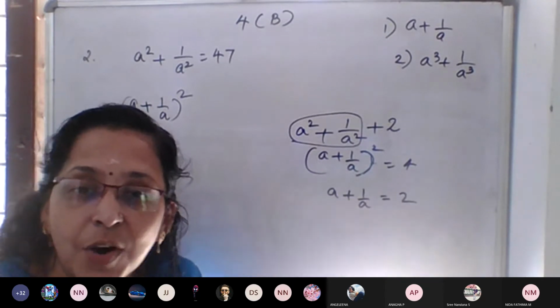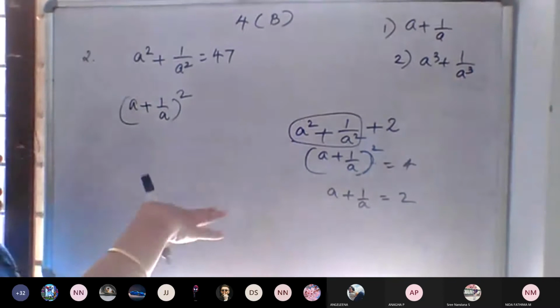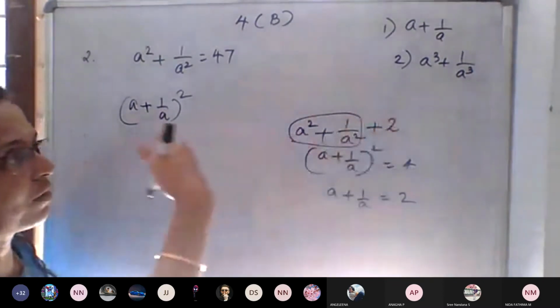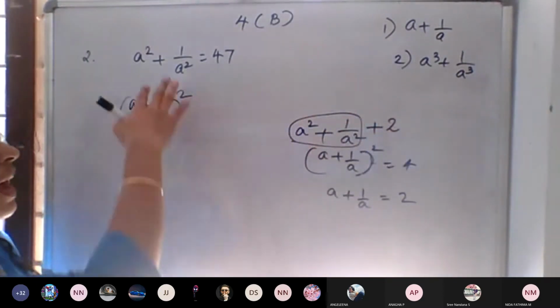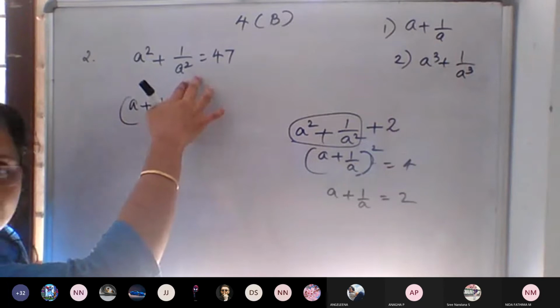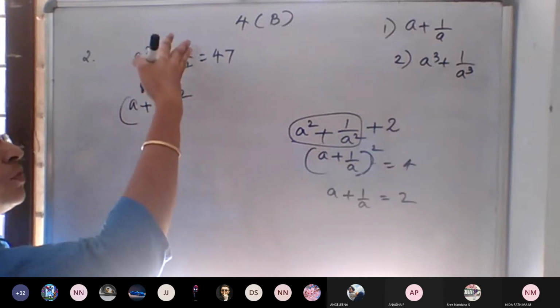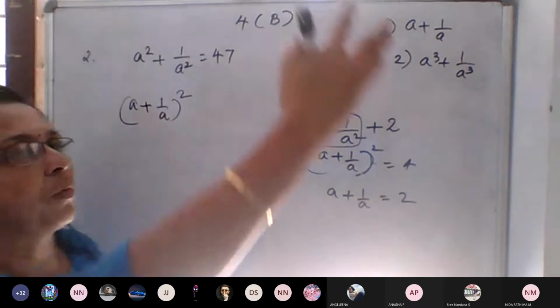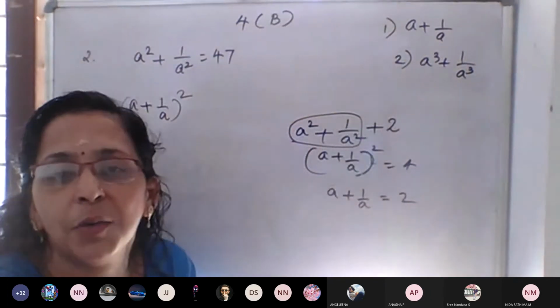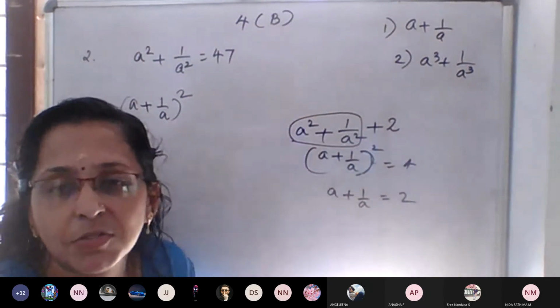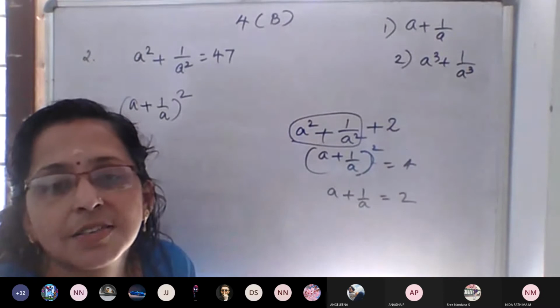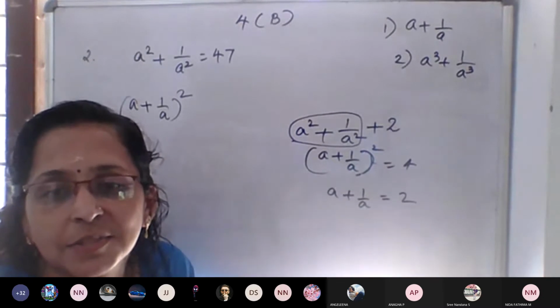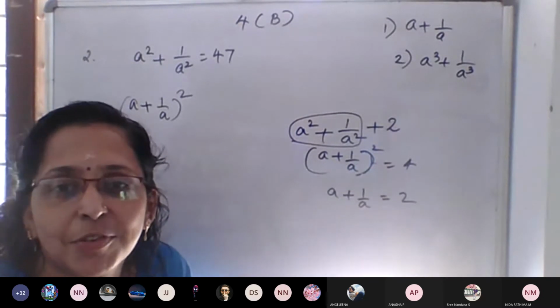So we want to make it in terms of 2. That means we want to get 2. We have only a square plus 1 by a square. So if we need 2 on the left side, we have to give it. Like with a brother and sister, if you give something to a brother, you have to give to the sister also. Otherwise fight will be there.